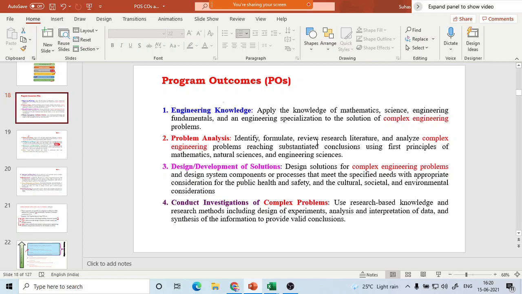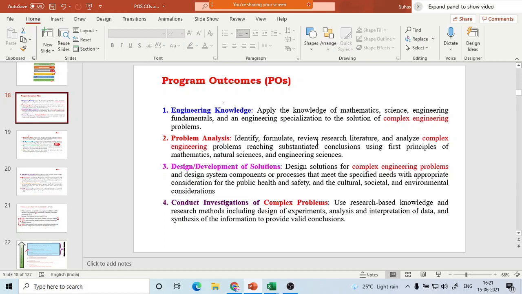What kind of outcomes are we expecting from this student? And in between, you have a typical department. You map these POs within a course outcome. POs are for a particular department. For a mechanical department, I can say my student should know each and every aspect of mechanical engineering.